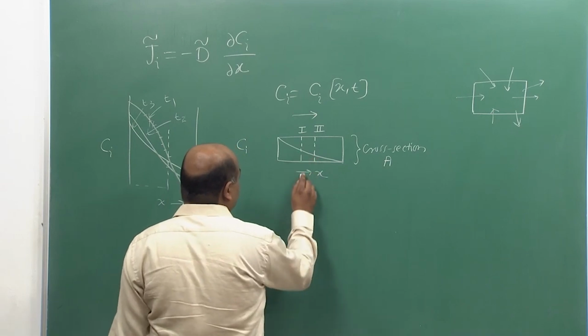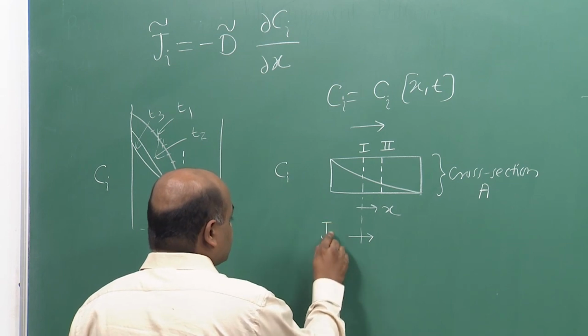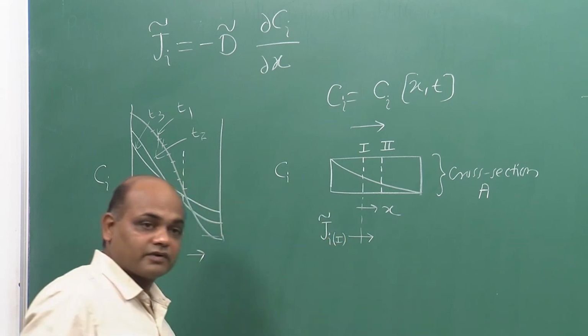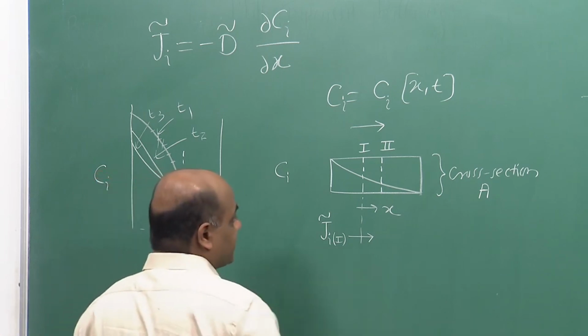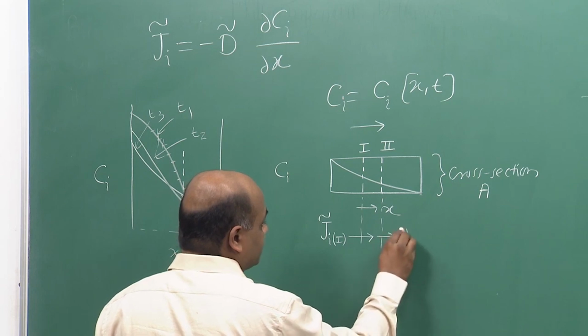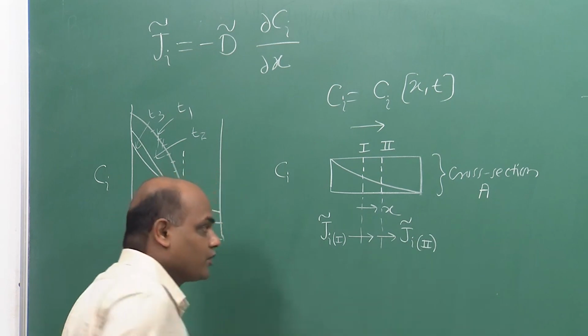Let us say at plane 1 the flux is J I tilde 1, at a given time t, and at plane 2 the flux is denoted as J I tilde 2.